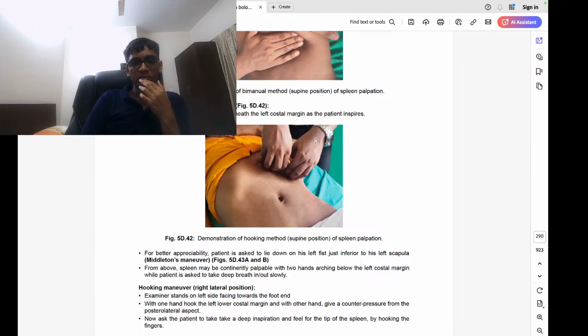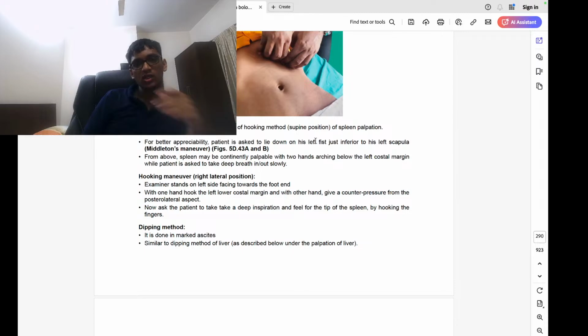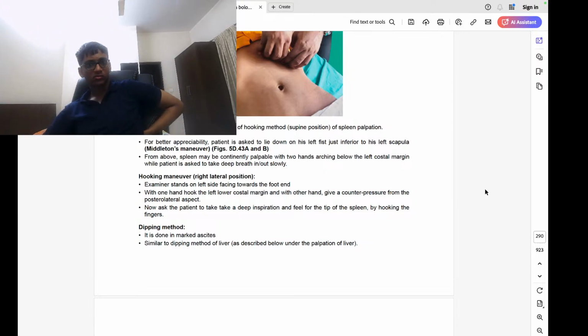Hooking method: in supine position, the physician hooks the fingers beneath the left costal margin as the patient inspires. For better appreciation, the patient is asked to lie down on his left fist, just inferior to the left scapula.